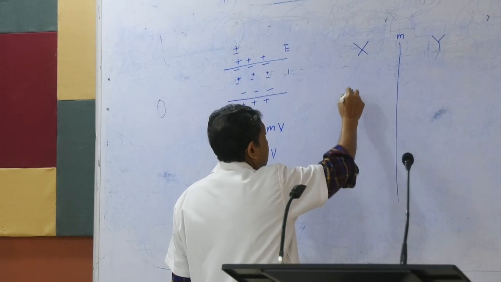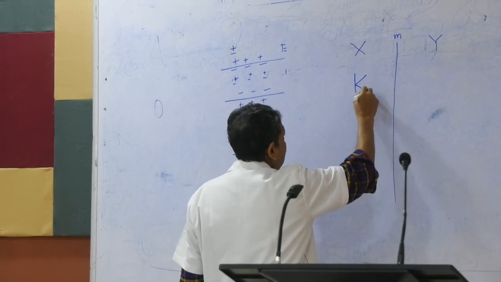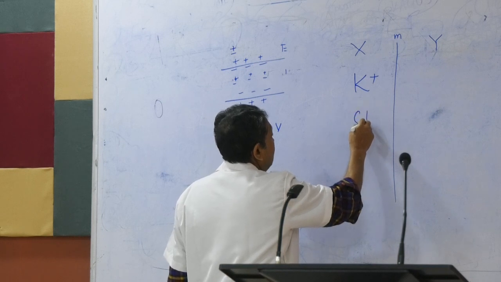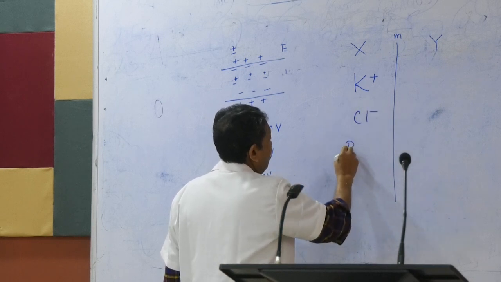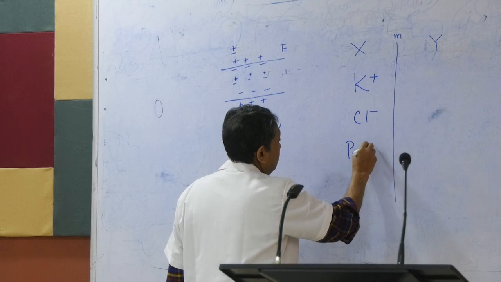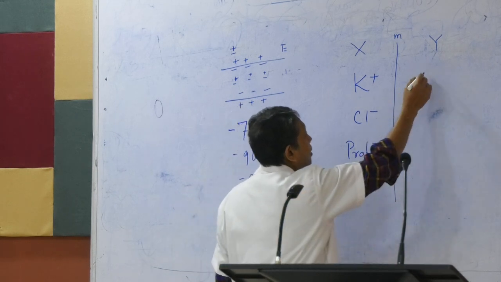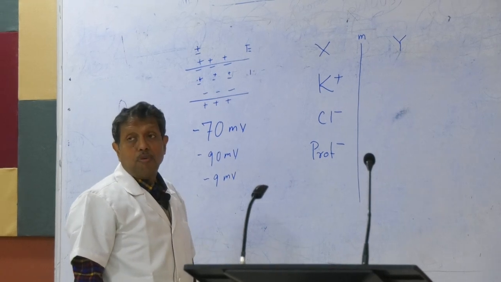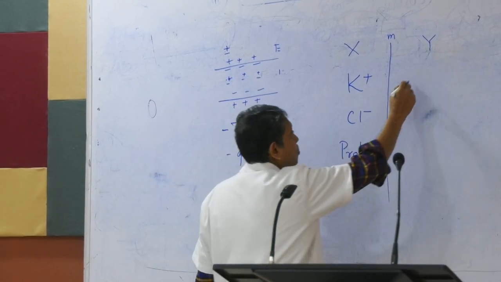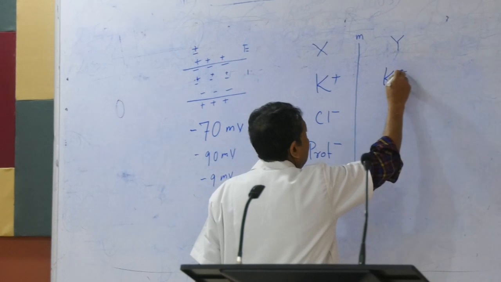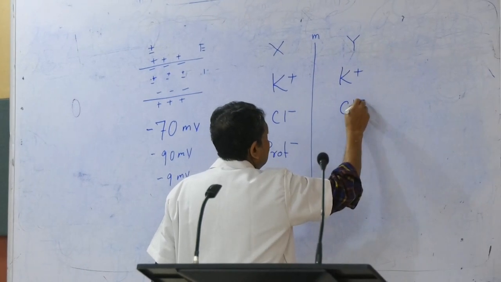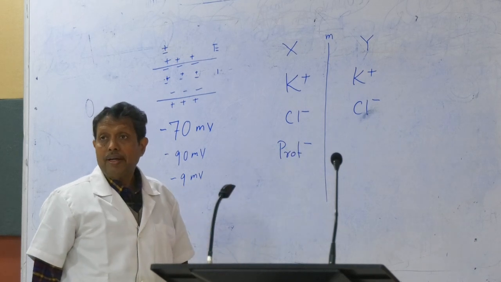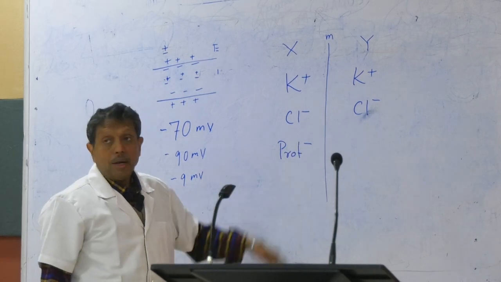The prominent ions in this case are potassium, chloride ion, and the protein anion. On Y is the intracellular fluid composition, and on the other side the extracellular potassium concentration and chloride concentration. Initially, as millimole or milliequivalent, they are equal.